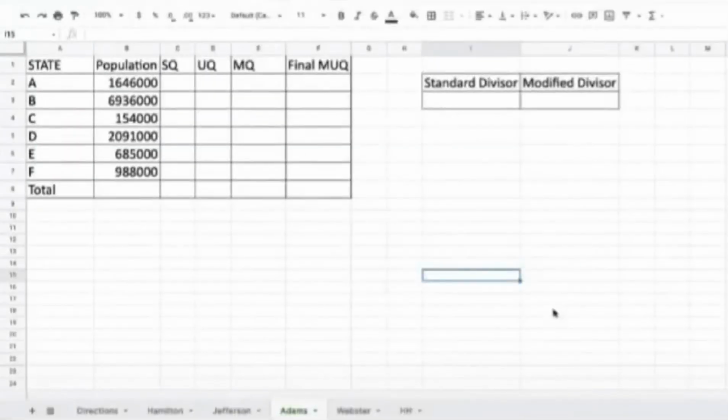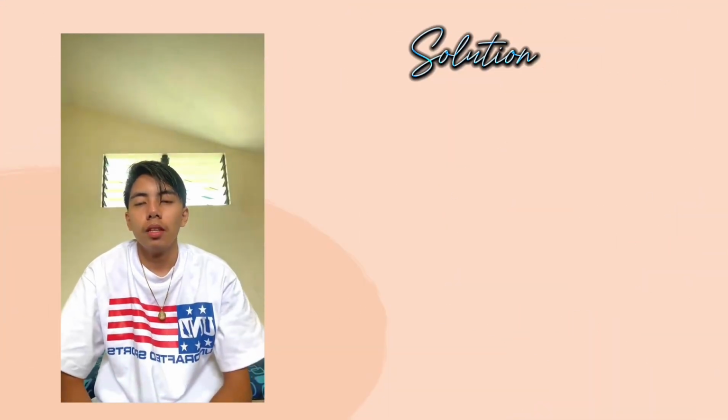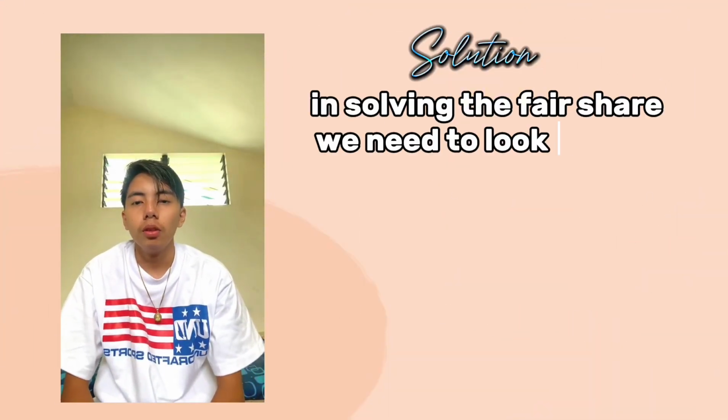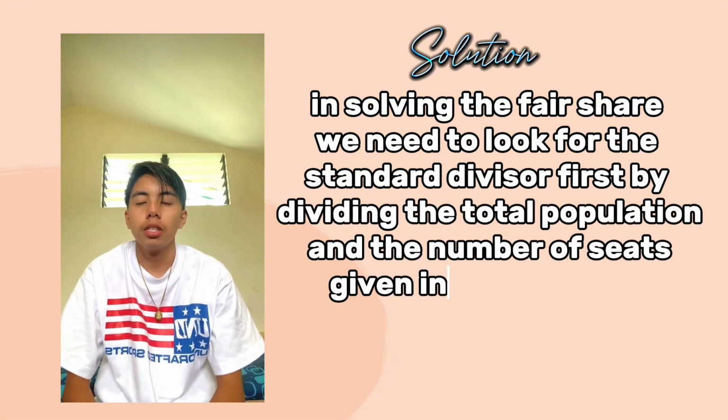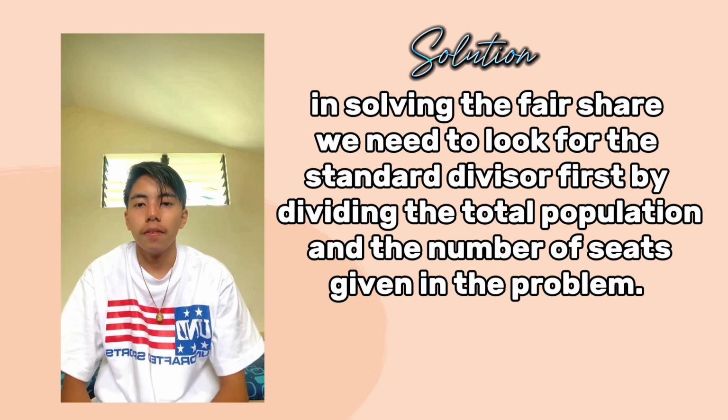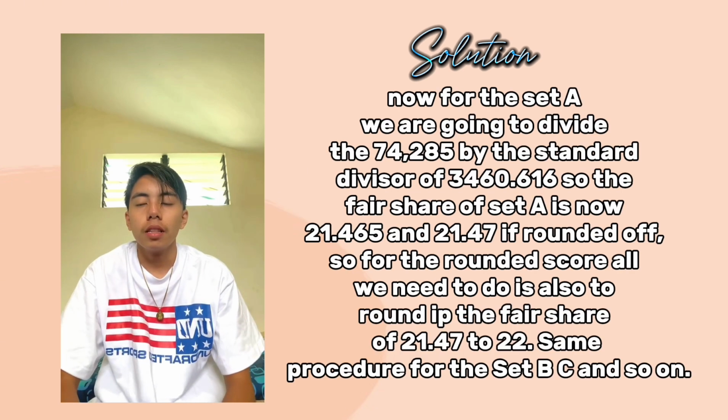So here is the sample problem. In solving the fair share, we need to look for the standard divisor first, by dividing the total population by the number of seats given in the problem. Now for set A, we are going to divide 74,285 by the standard divisor of 3,460.660.